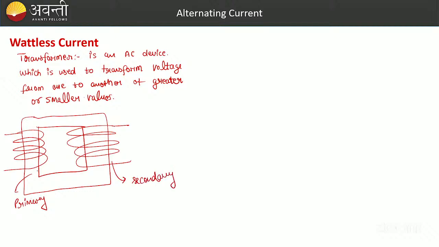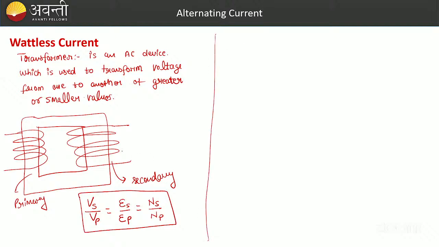So one limb has the primary winding, and the second one has the secondary winding. There is a relation here: voltage across the secondary winding divided by voltage across the primary winding is equal to EMF across the secondary divided by EMF across the primary, which is equal to the number of turns in the secondary divided by the number of turns in the primary. This is the relation that we use to calculate the voltage on the primary or the secondary. Okay.